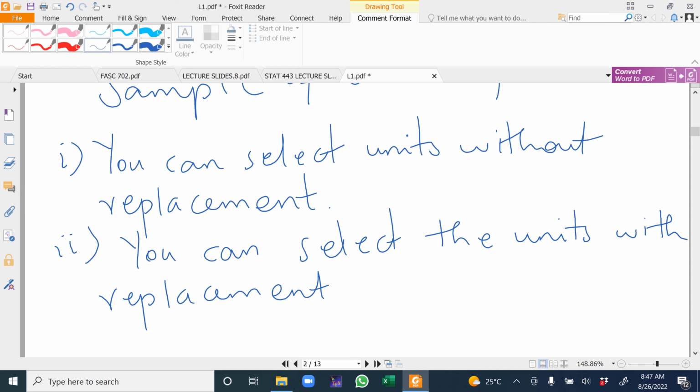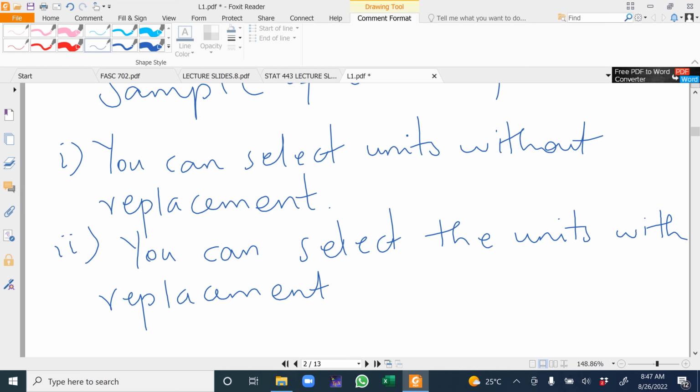Now, the drawback with sampling with replacement is that there is a high likelihood of a unit being selected more than once into the sample. That means that for some units, there's going to be some form of replication.